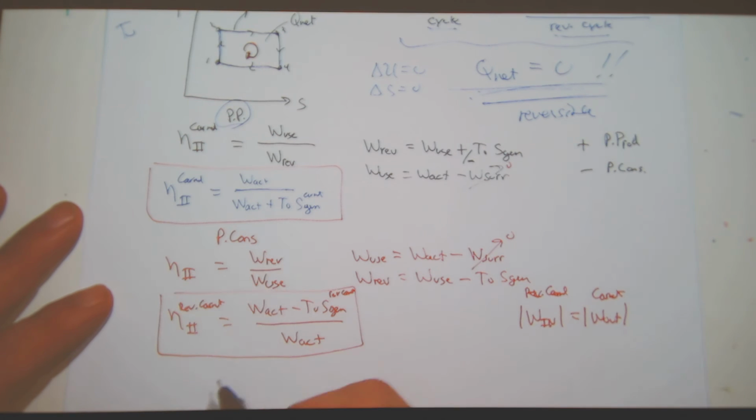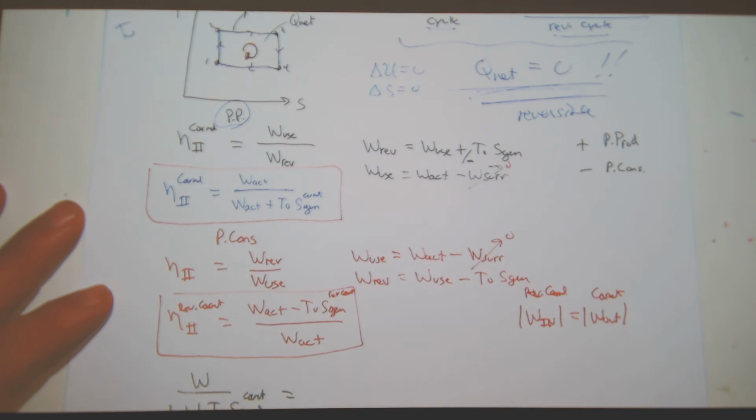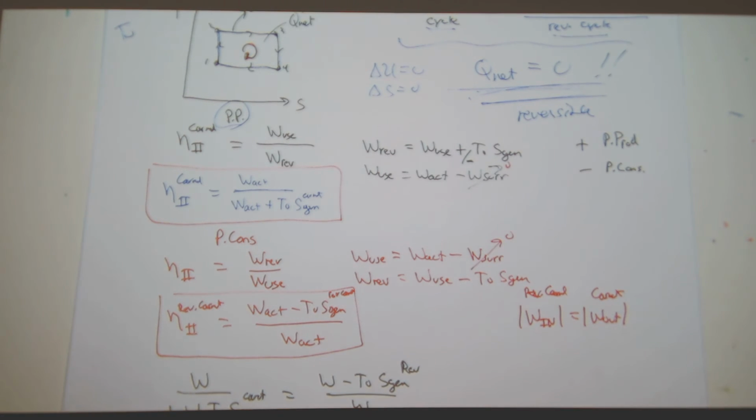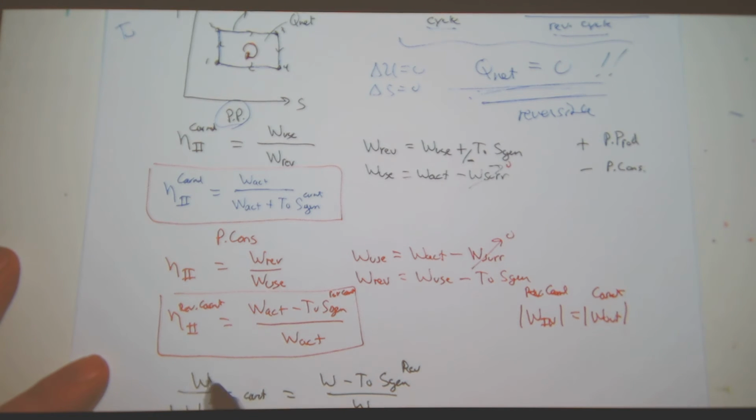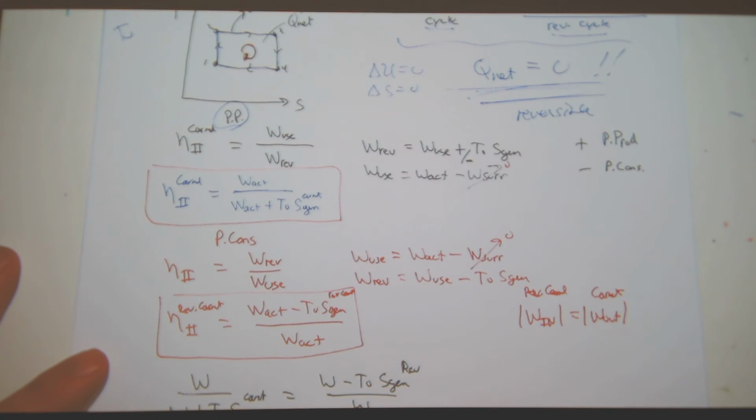I have eta 2, so I have work over work plus T naught S gen Carnot equals, the one from above, work minus T naught S gen reverse over work. I can multiply through and do a bunch of stuff. So let's take this and bring it over here, and then subtract this from both sides.